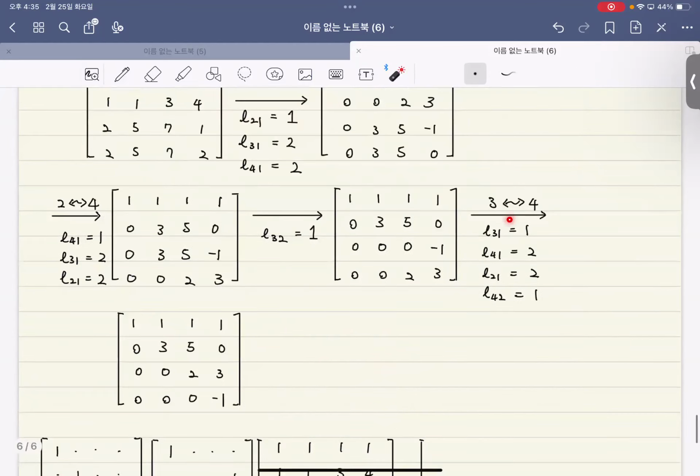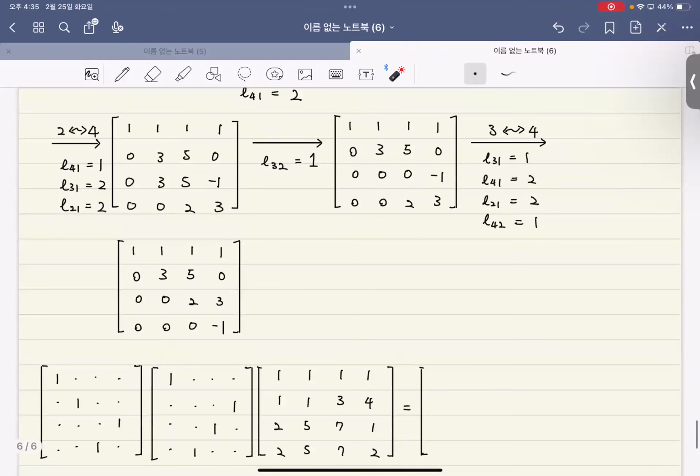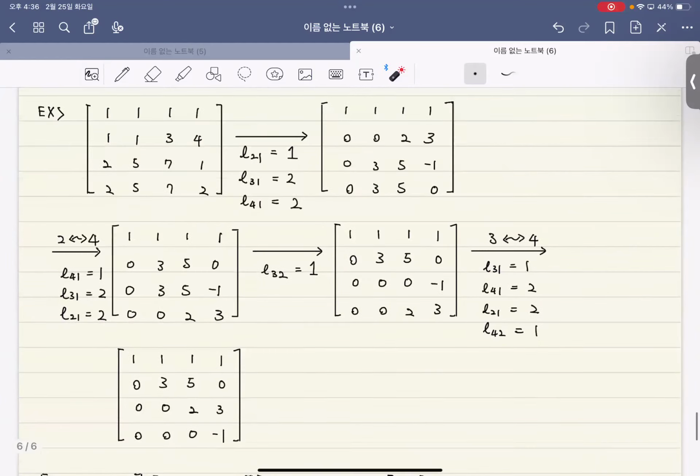Since the rows have been exchanged in this way, these entries, these numbers must be the entries of the L of this matrix with permuted rows. So this is why I'm exchanging these row indices according to these permutations.